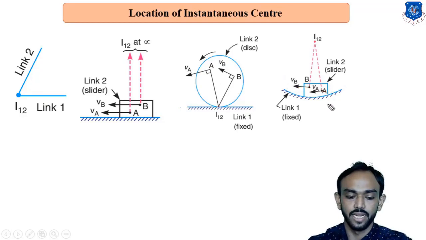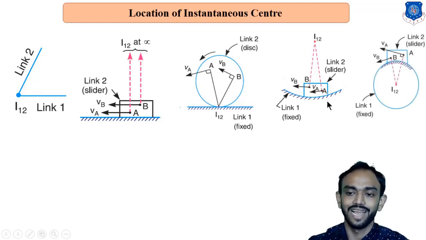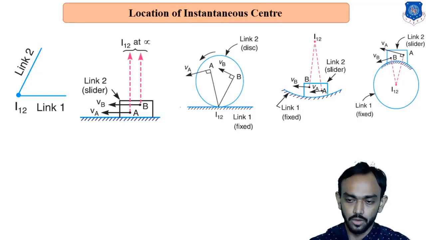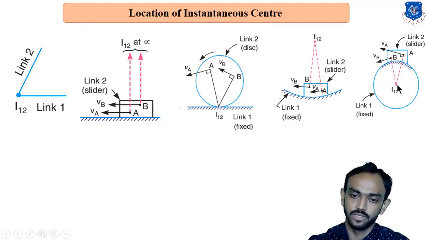That's why it will be considered as the I center. And the last point: if a slider is sliding on top of a circular surface, then the I center will be the center of that curvature.